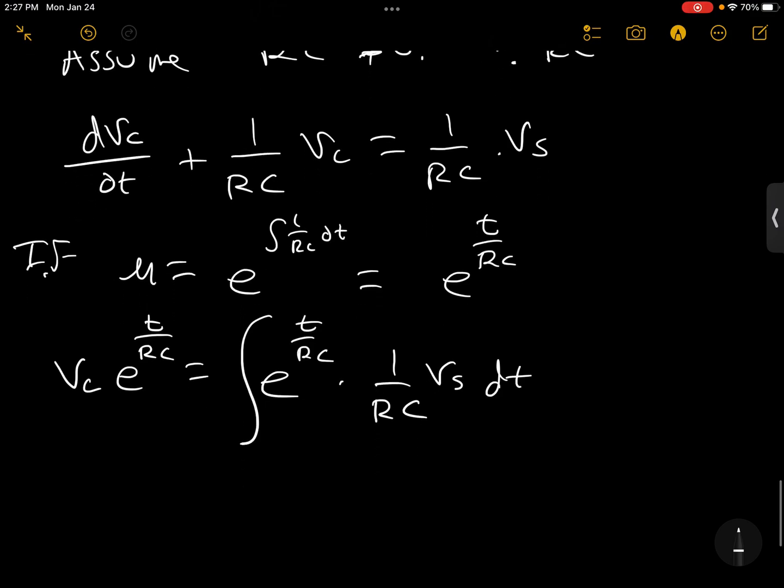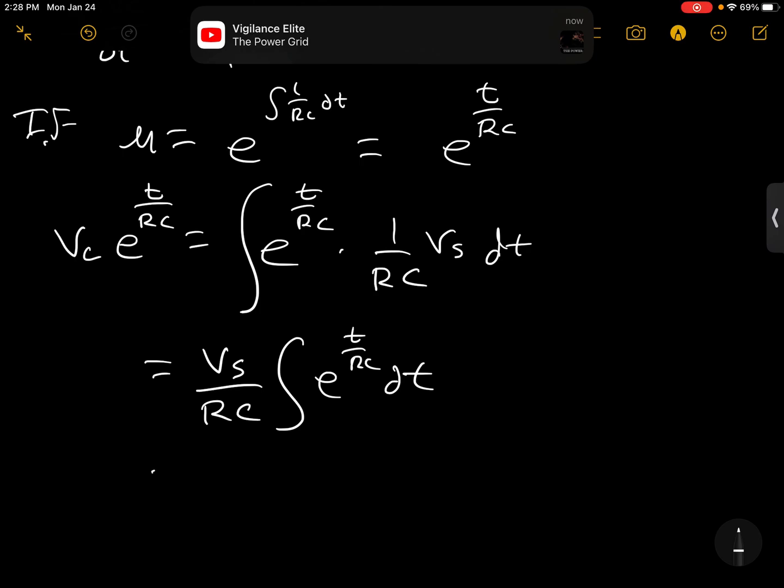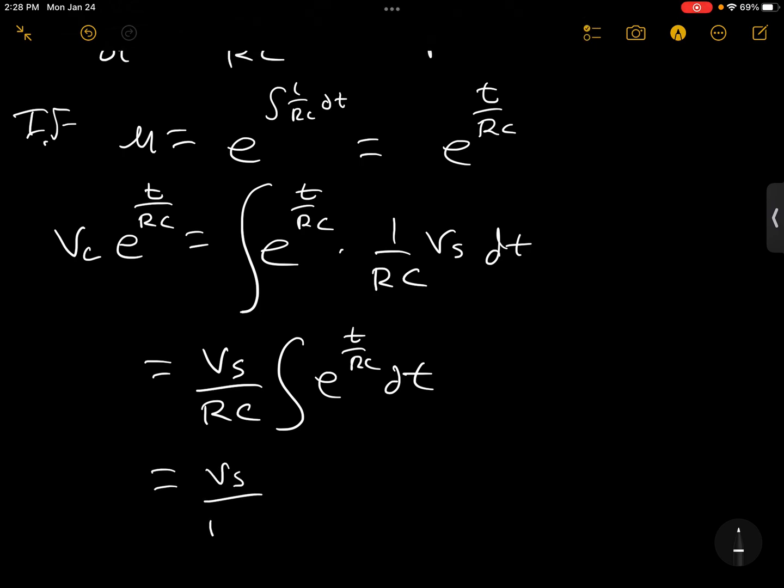Move the constant out front, which is VS over RC. We have e to the t over RC dt. Do a little u-sub and integrate, and you have VS times RC, then you have an RC here, e to the t over RC plus a constant.